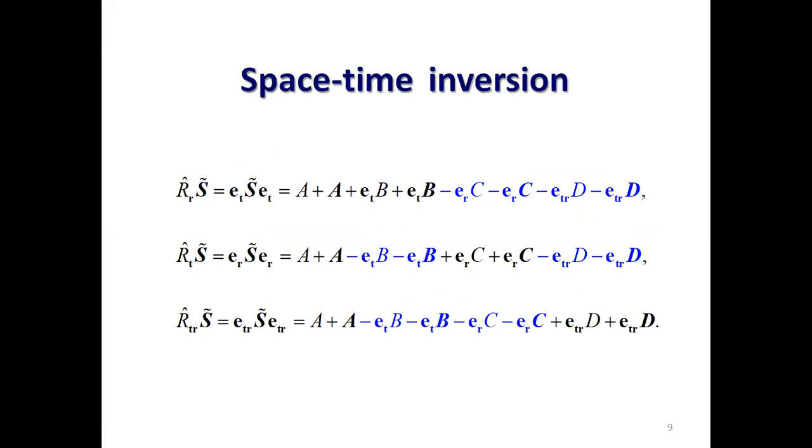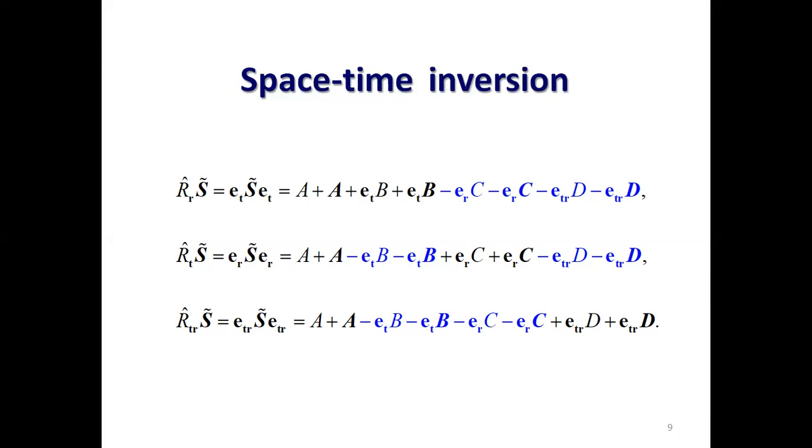Okay, space-time inversion. The time inversion is carried out using ET elements. If we multiply our initial Cdon by ET elements, we obtain a new Cdon in which we have minus signs in the space part and space-time part. Space inversion is carried out using space units, ER.